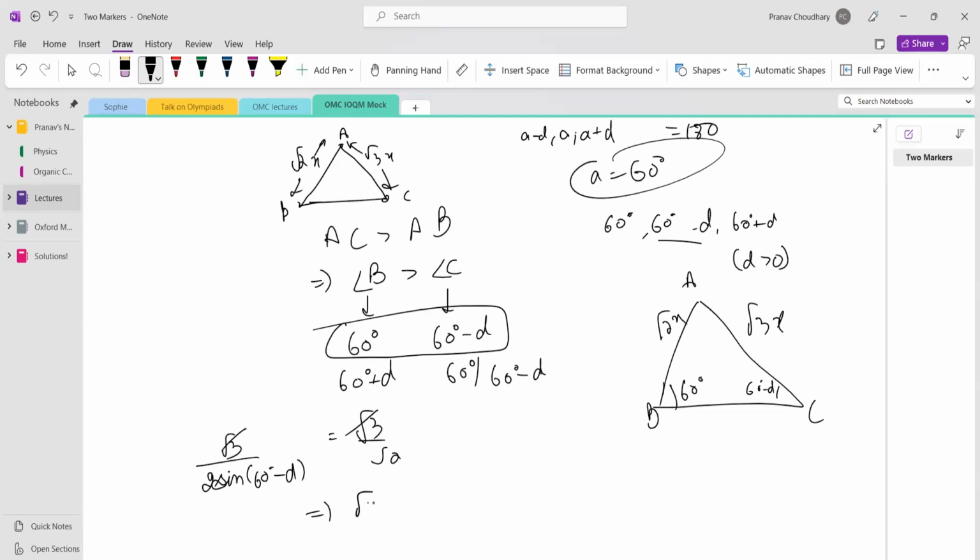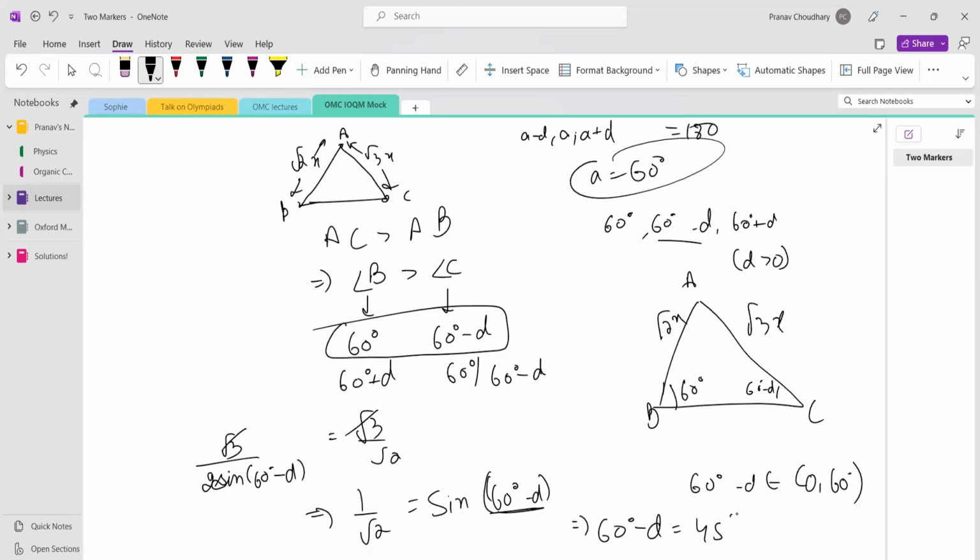Which means that 1 by root 2 should be sine of 60 minus D. And since 60 degree minus D would be in the range 0 to 60, because it's an angle, so it should be greater than 0 and D is positive, so it must be less than 60. So this implies 60 degree minus D should be equal to 45 degree, which means D is 15 degree. This gives angle A to be 75 degrees.